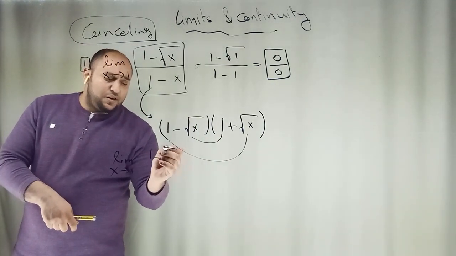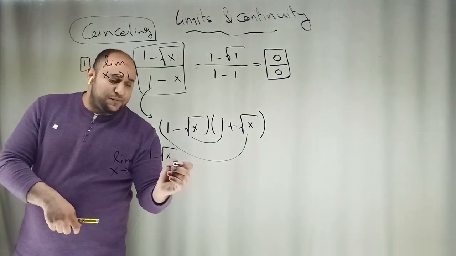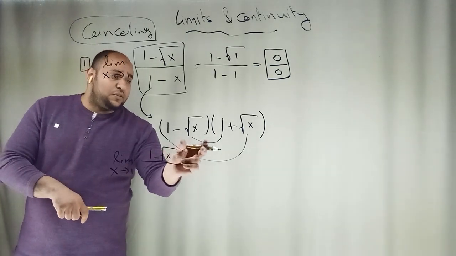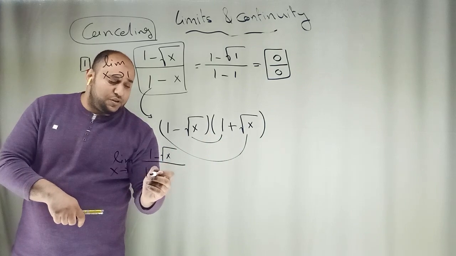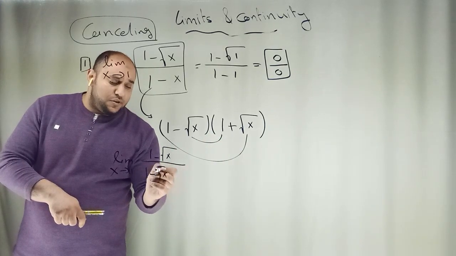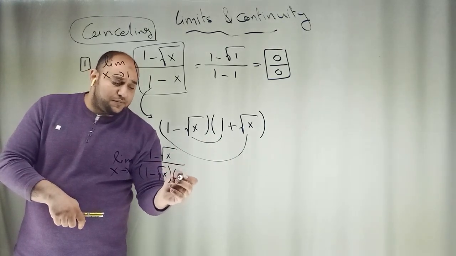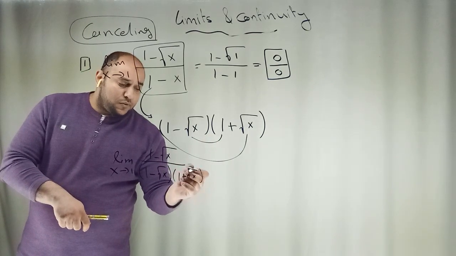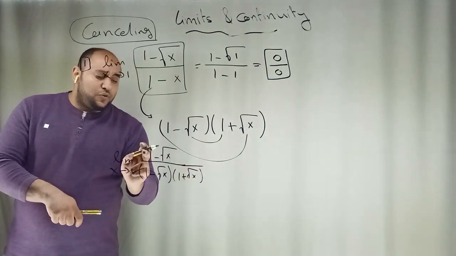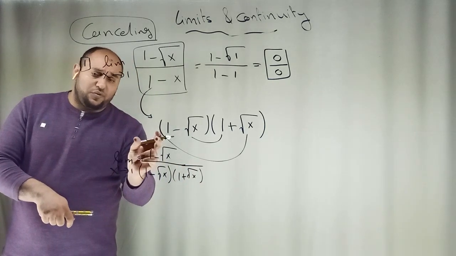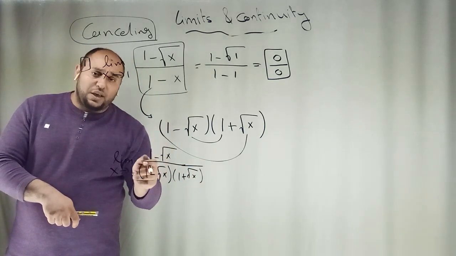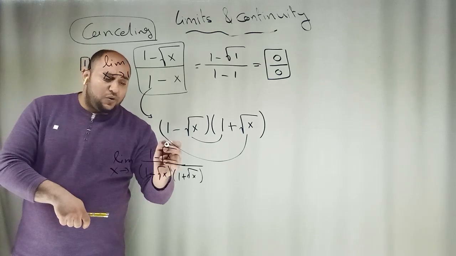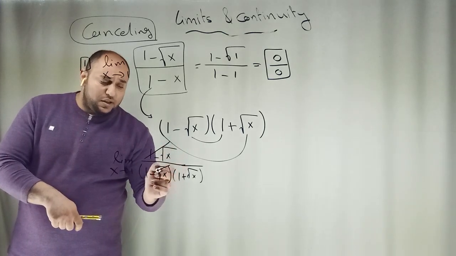I have 1 minus square root of x, and for the denominator, I will take this factorization: 1 minus square root of x times 1 plus square root of x. I'm looking for any part of the numerator and denominator that we can cancel. I will take this part and this part.